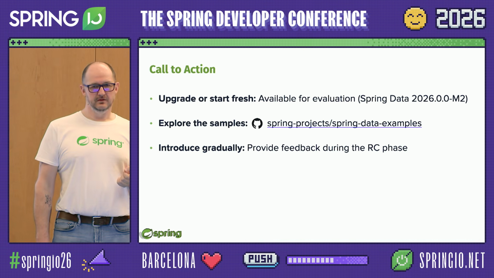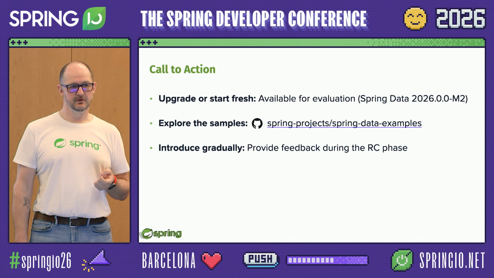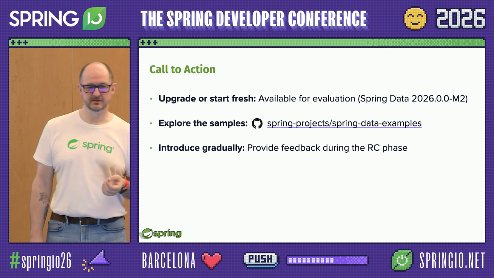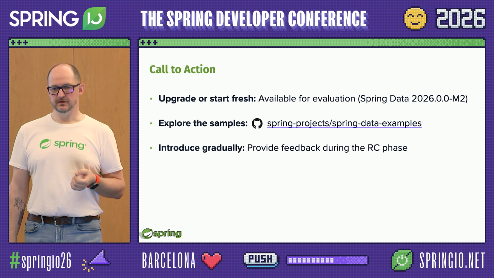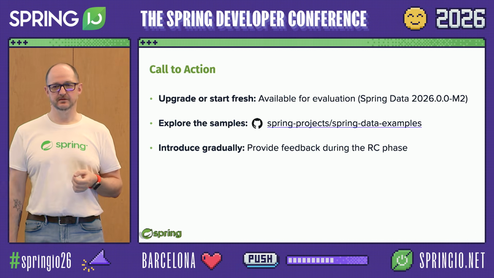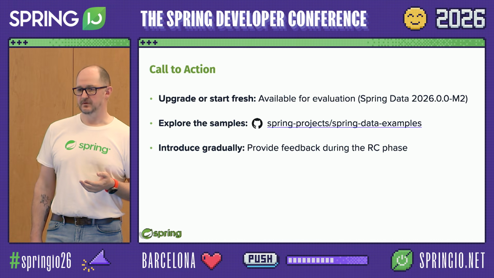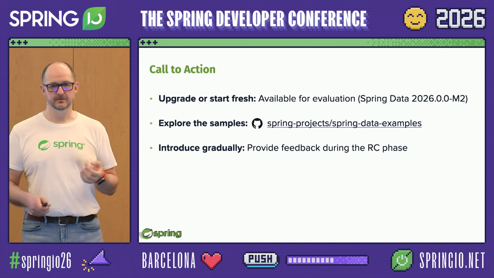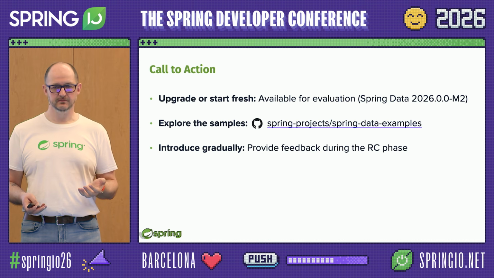When can we get hold of that? So we've released last month a pretty stable preview version, Spring Data 2026.0.0 milestone 2. Friday this week, we are going to enter the release candidate phase. What does this mean for you? You are our channel to get feedback. You are our users, you are our community that we care about.